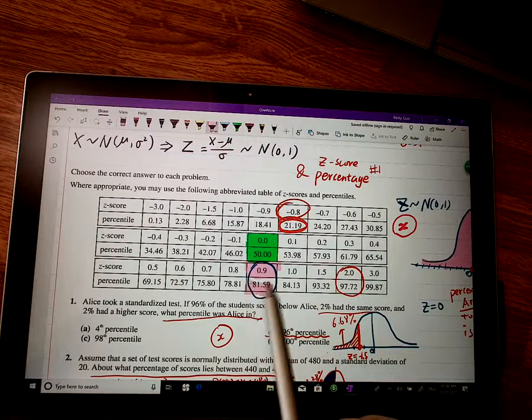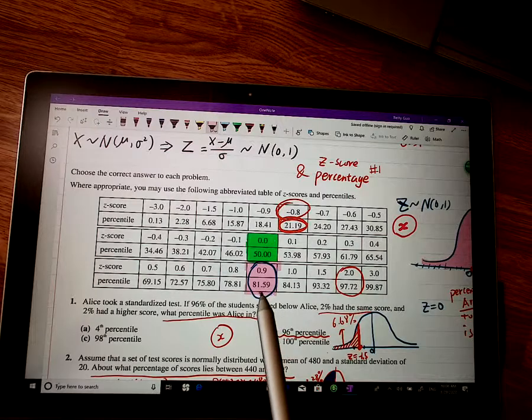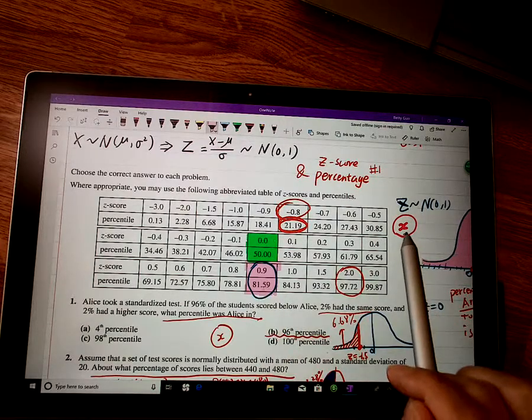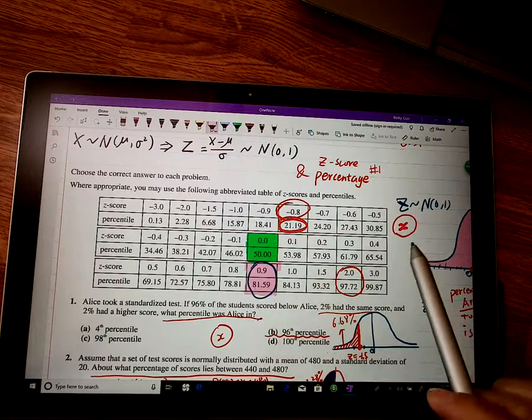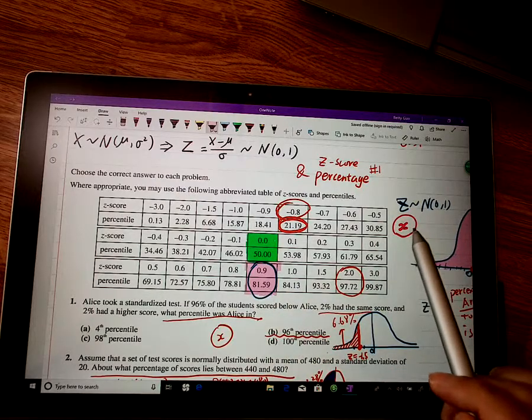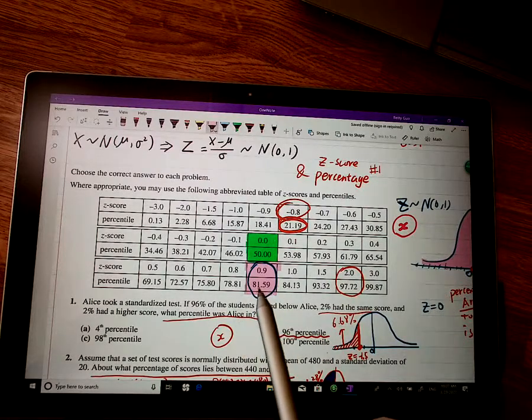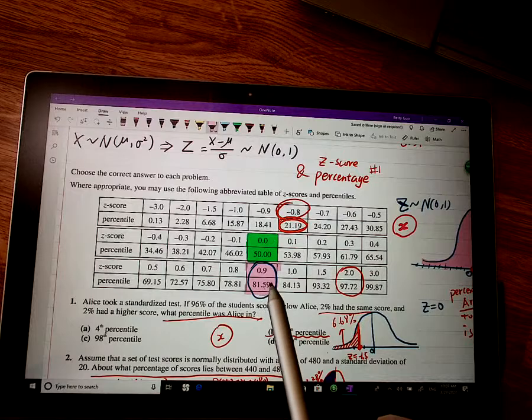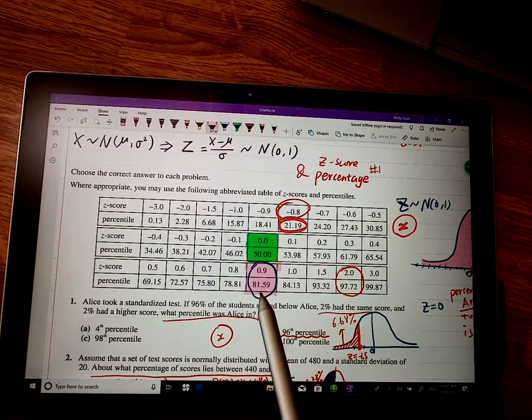And the corresponding percentile from the table is 81.59. Means there's about 81.59% of the values in the population below your score. If the score is like a score of a standard exam, then yes, about 81.59% of the people who participated in the exam have a lower score than you.